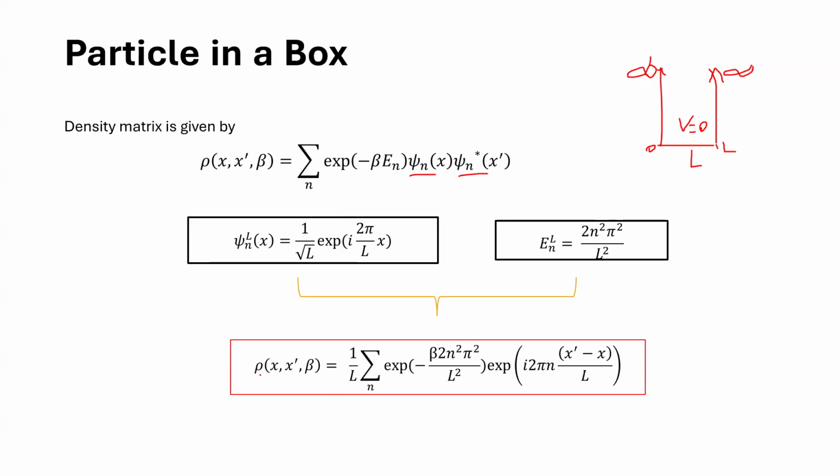So rho of x, x prime, beta is equal to 1 over L, sum over n, of exponential of minus beta times 2 n squared pi squared over L squared, times exponential of i 2 pi n times (x prime minus x) over L. So for two locations x and x prime, and for a given temperature, this is the expression for the density matrix.